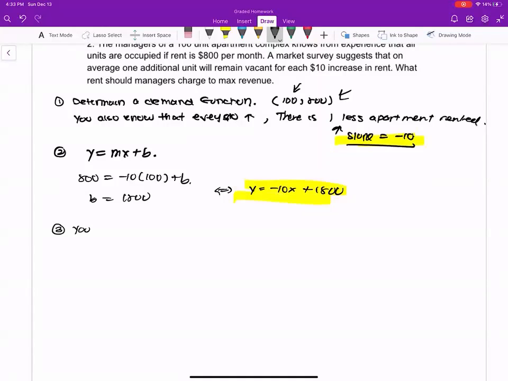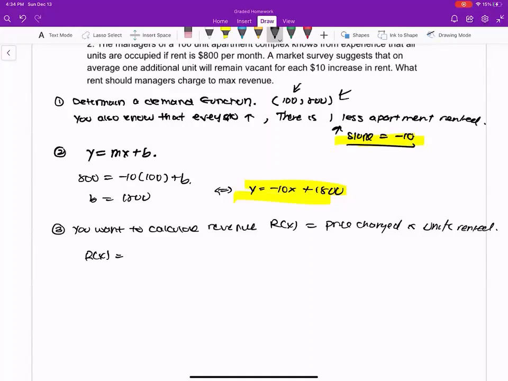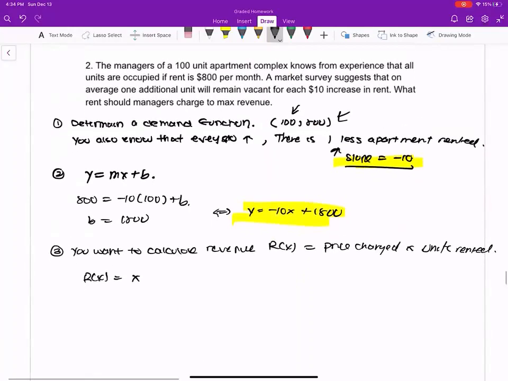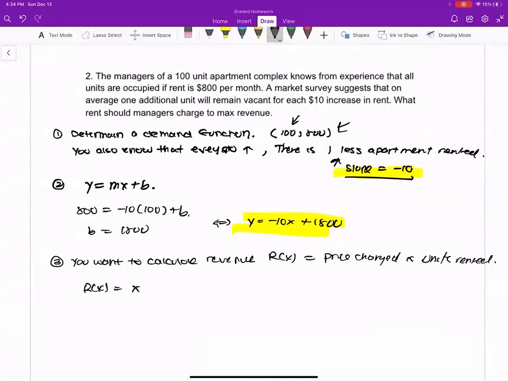Step 2, you want to calculate your revenue. Your revenue is basically the price charged multiplied by the number of units rented. So R of x is equal to x, the number of units that were rented, multiplied by the price that is charged.